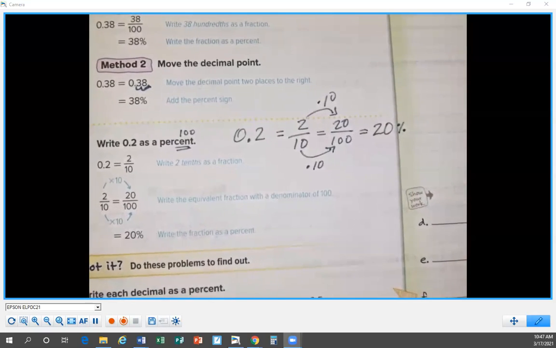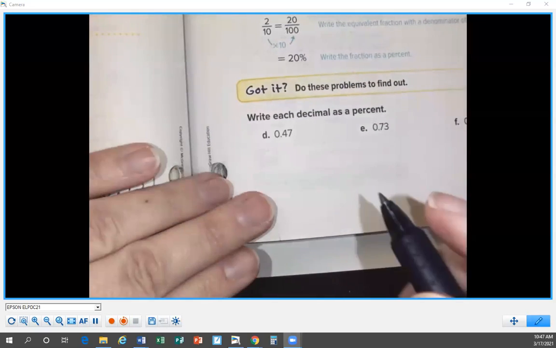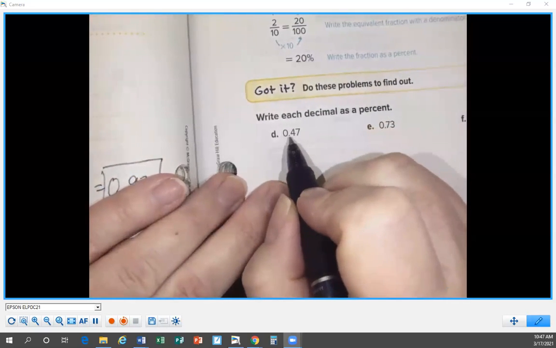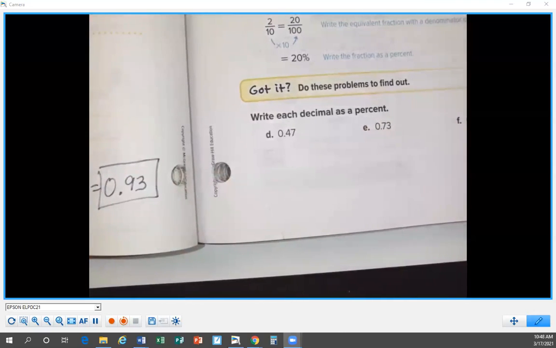All right, let's look at the bottom of page 111. Write each decimal as a percent. I like working with the fractions because I like to remind you that decimals, fractions, and percents are all interchangeable and equivalent. I like pulling in that fraction to remind us that these are just 3 different representations of the same exact number.